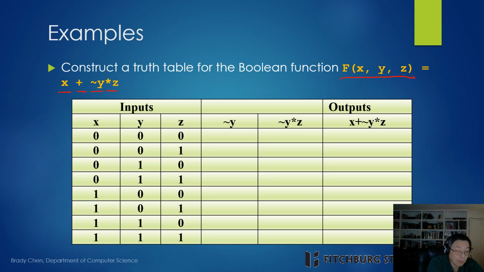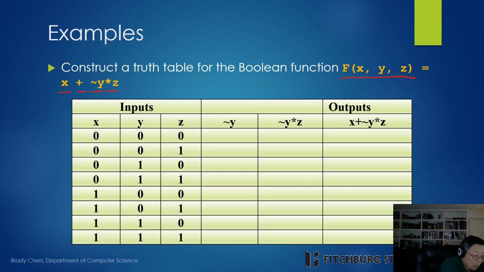Now, how can we construct a truth table for this Boolean function? In order to construct the truth table, we need to build the table which includes all the possible combinations of x, y, z values. This is typically the way I build my tables.